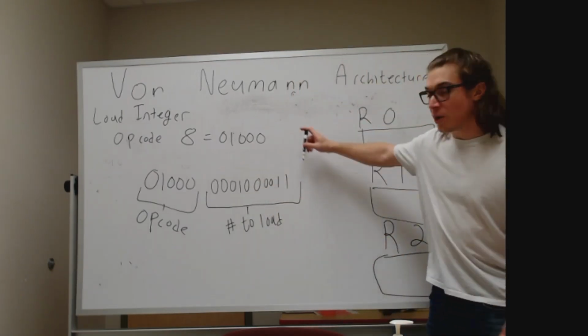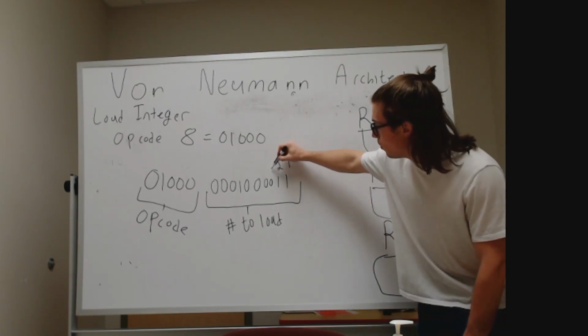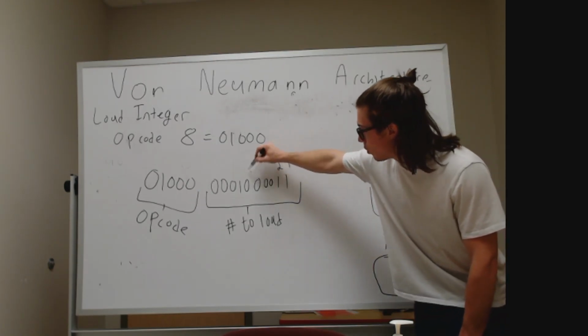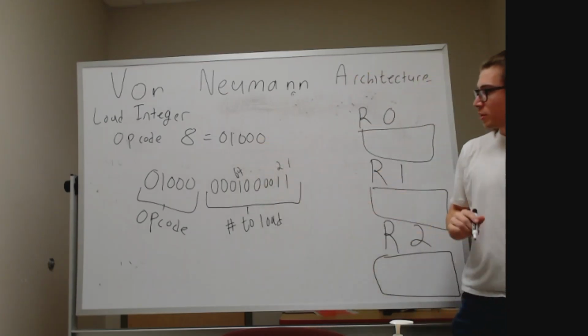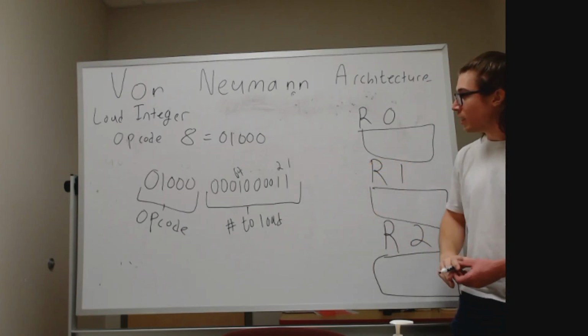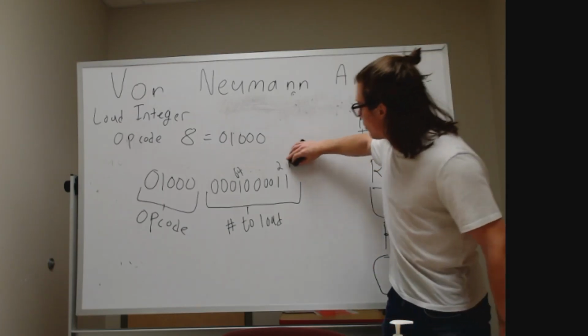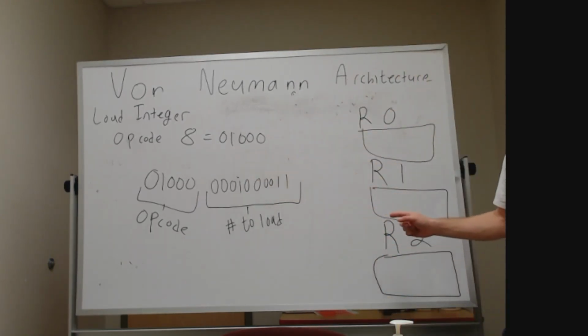So what number does that represent? Well, this is 1, this is 2, this would be 4, 8, 16, 32, 64. Well, everything before 64 was a 0, so this is 64 plus 2 plus 1 is 67. So this operation so far is saying load the number 67 somewhere.